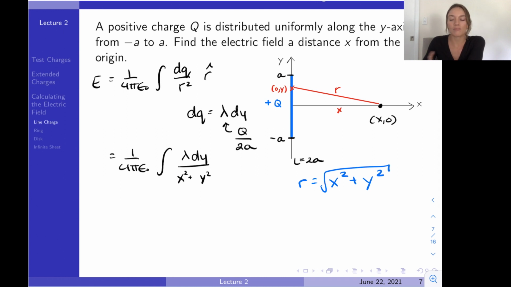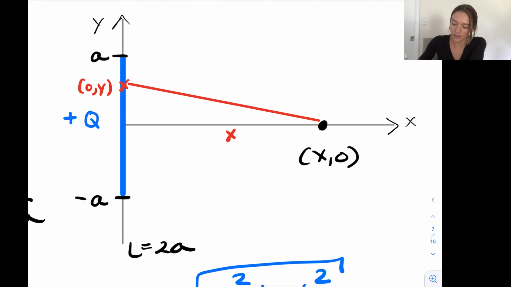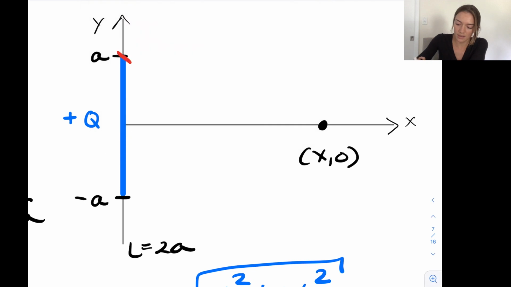Okay, now the hard part is this r hat vector. What am I going to do about it? Let's go back to this top point, at a, and figure out what r hat is there.